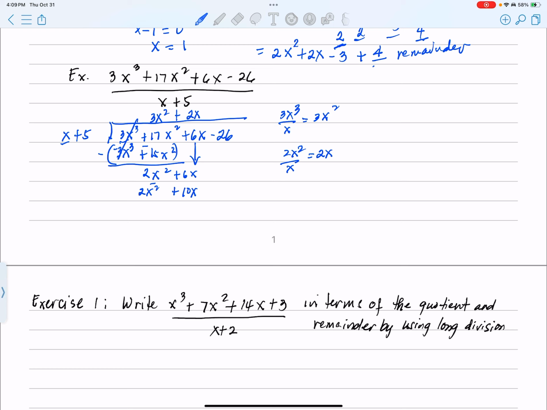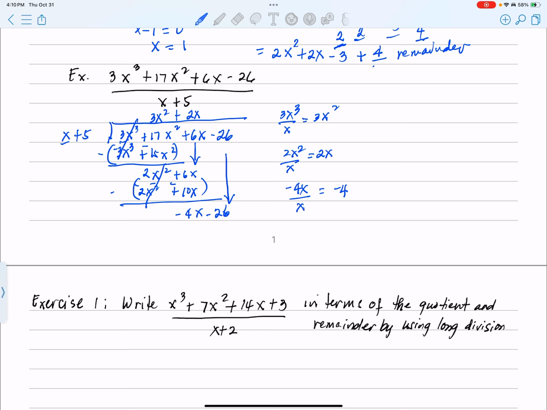Okay, subtract. Change the sign. Cancel. 6 minus 10, that's negative 4x. Bring down the next term. And then negative 4x divided by x, that is negative 4.